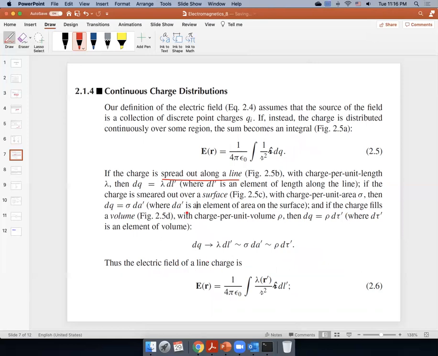Then the electric field of a line charge becomes 1 over 4 pi epsilon 0, the integral of lambda of r prime, because now lambda, the charge per unit length, is a function of your line.